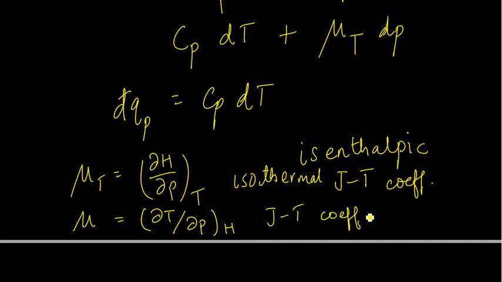I'll show you in a short while that both of these are related. They are just related by minus Cp times mu is equal to mu T. You'll find various names. Sometimes they write mu JT, but I think this is the convention that Atkins follows, so we'll just stick to that.